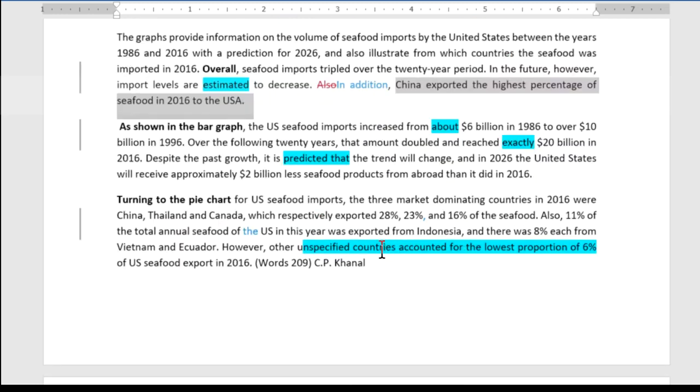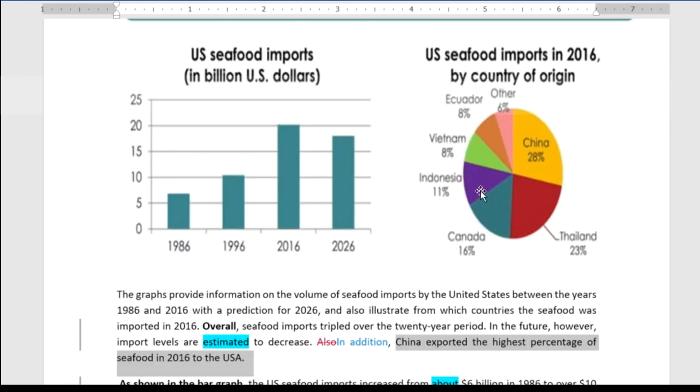The other thing that I really like about this task that I think's been done really well is dealing with this. You must address this. This is really important. It's the lowest category and it's other countries. And you have to write it in a careful way, because if you're not careful, it can sound like more than one slice.